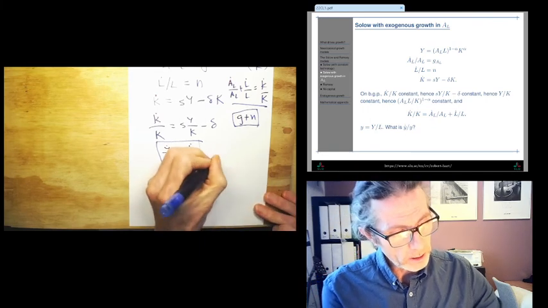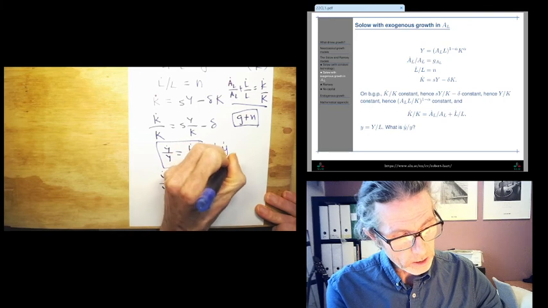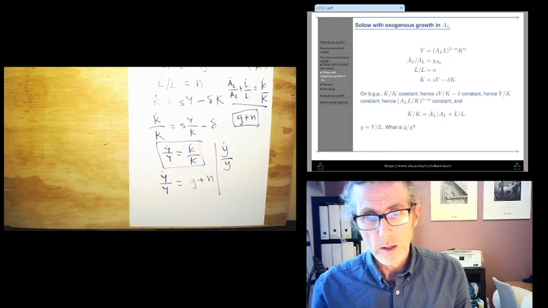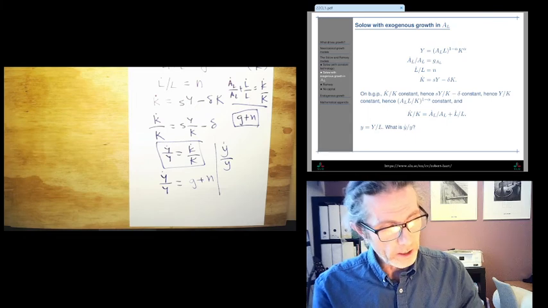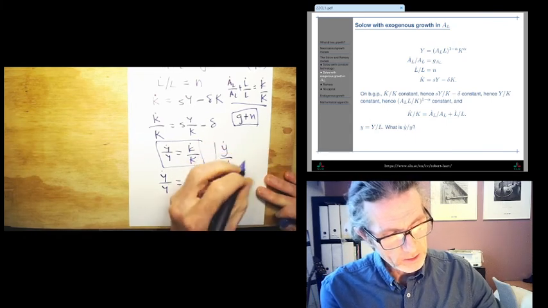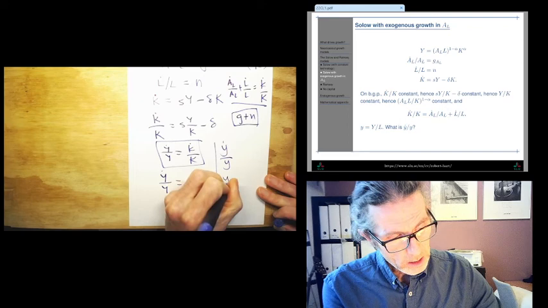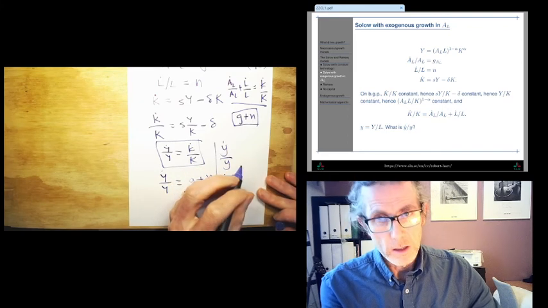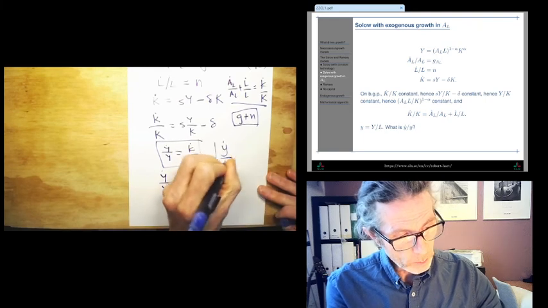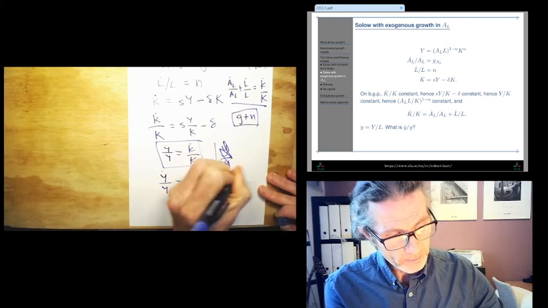But what about little y dot over little y, where little y is y over L? Let's do it like this.